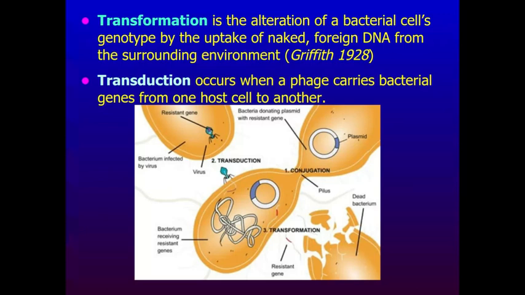Transduction occurs when a bacteriophage, a virus, injects its DNA into a cell. And if you remember from the earlier presentation I did on viruses, the viral DNA becomes part of the bacterial genome in what we call a prophage, in the lysogenic cycle.